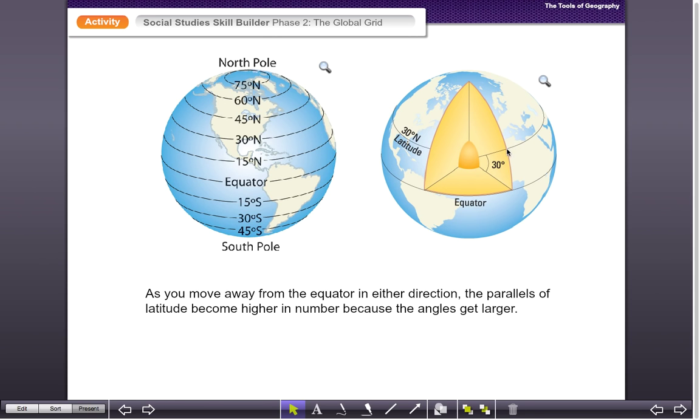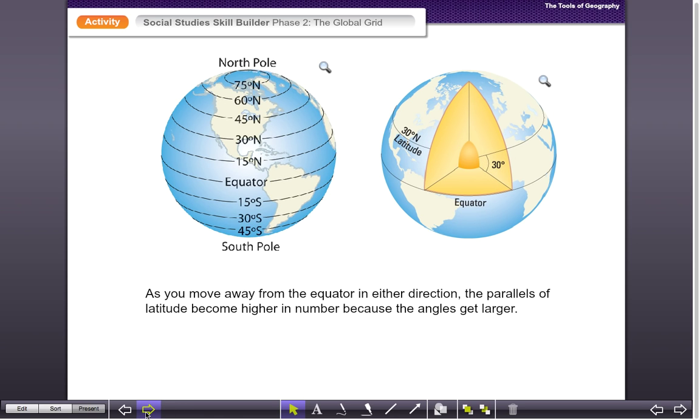If you take a look at this one over here, as you're moving up, because the Earth is round, the angles become higher, and that's why the numbers get larger, because essentially the angle from the center of the Earth up is that particular line of latitude.